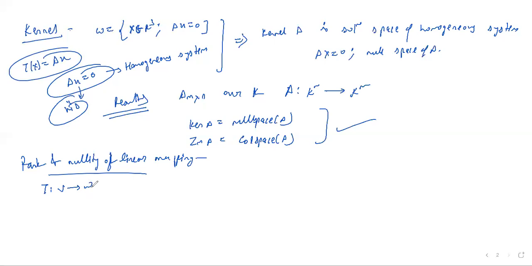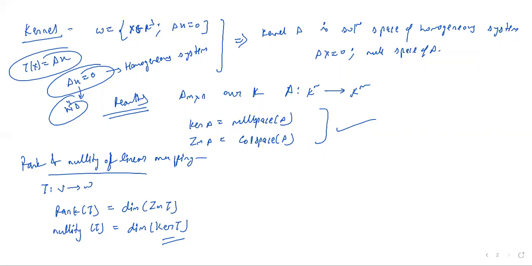Now the rank of T, or rank of this mapping, is the dimension of its image, that is the dimension of image of T. And the nullity of this transformation T is defined to be the dimension of kernel of T, which is dimension of ker T. This is how we can define the rank and nullity.